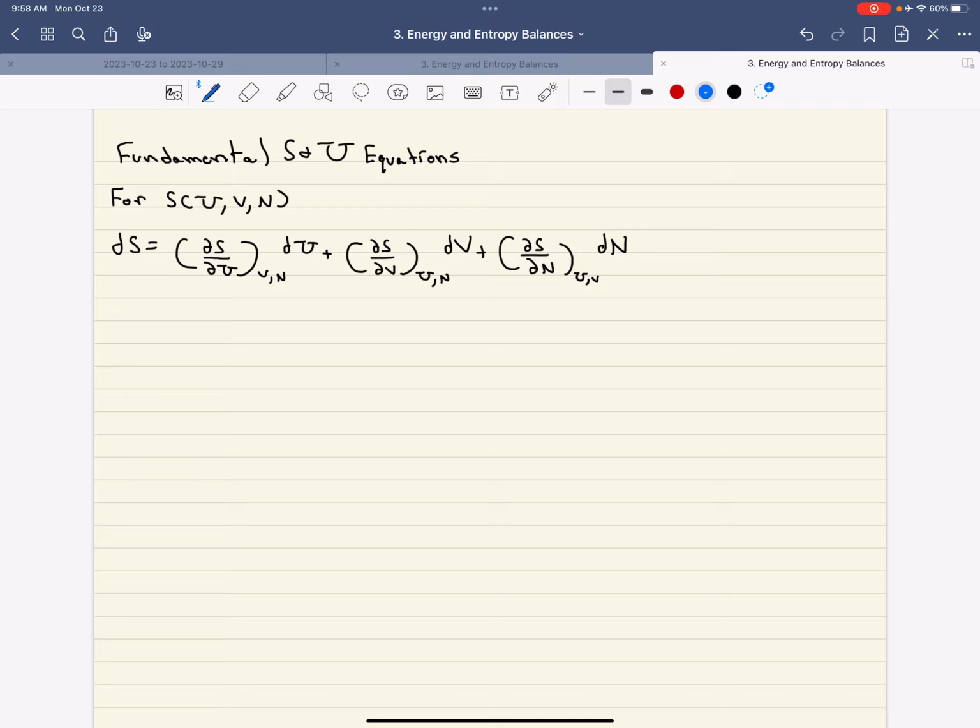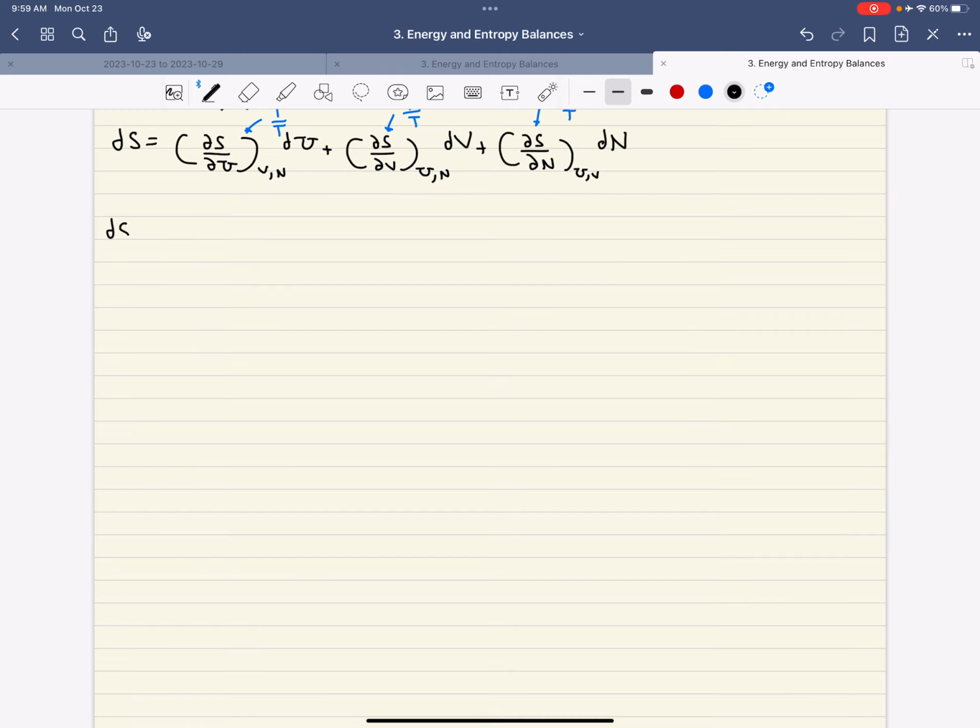Now, we have this total derivative, but we also know, based on the basic properties of entropy, that these partial derivatives correspond to 1 over temperature, pressure over temperature, and then the negative chemical potential divided by temperature. Right? And so we could rewrite our total derivative for entropy like this. dV minus dN.